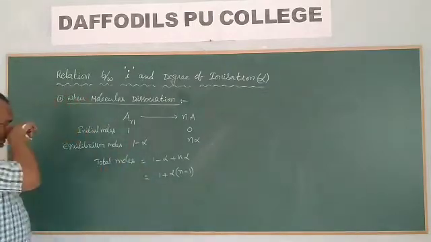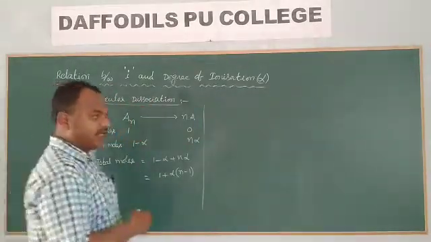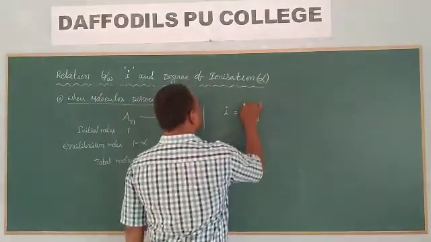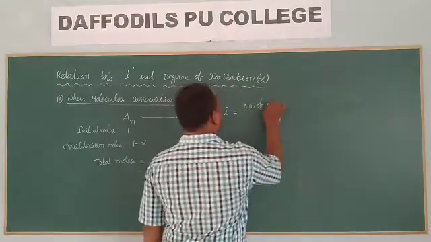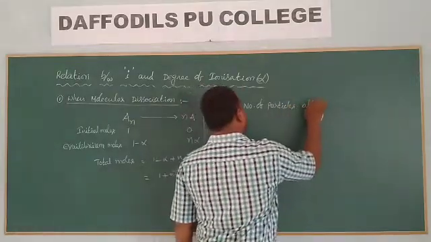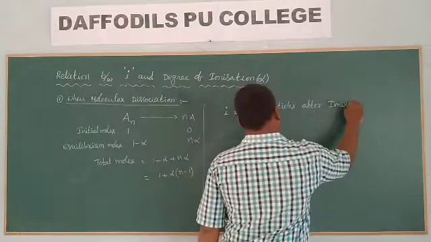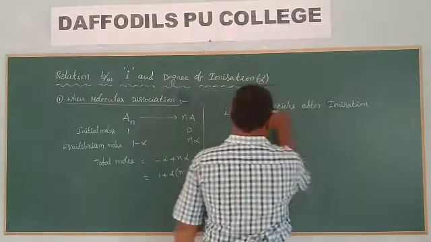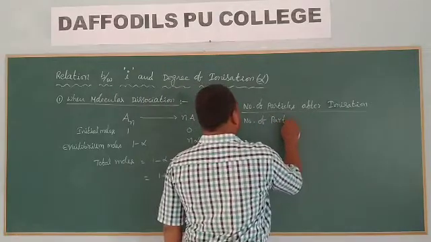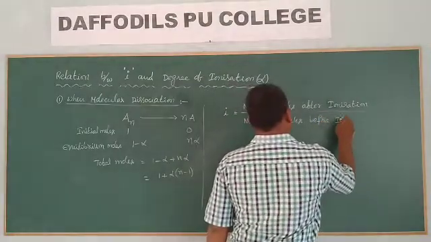Now I am substituting this into the Van't Hoff factor. i is equal to the number of particles after dissociation, after ionization, by the number of particles before ionization.